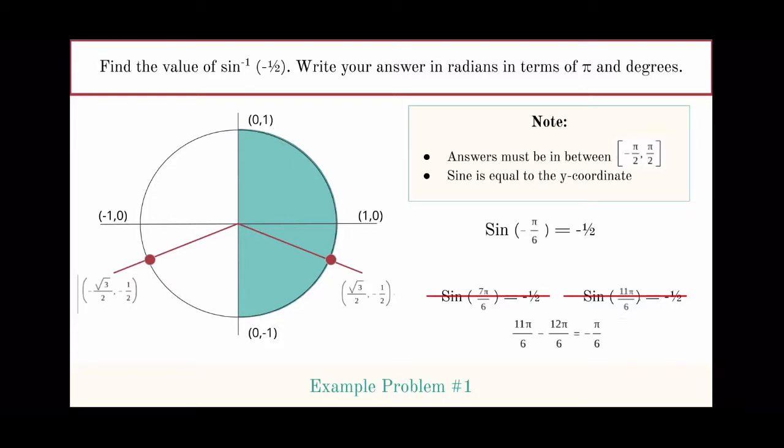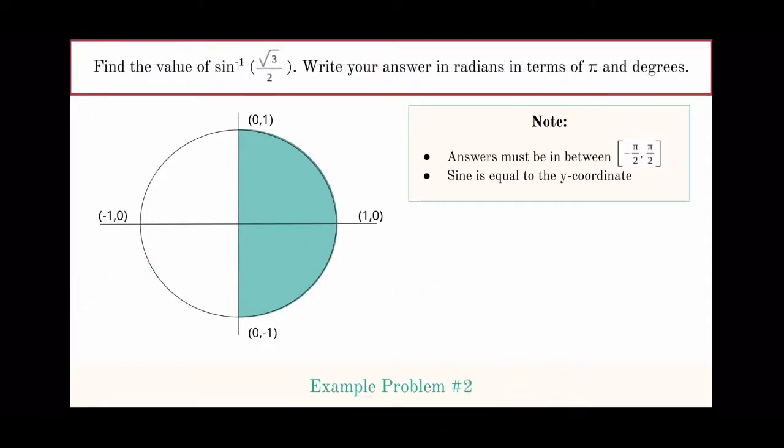So we found the answer in radians in terms of pi, and now let's find it in degrees. Negative pi over 6 equals negative 30 degrees. The initial side starts right here, and going down, we're going clockwise. And when we go clockwise, that gives us a negative angle.